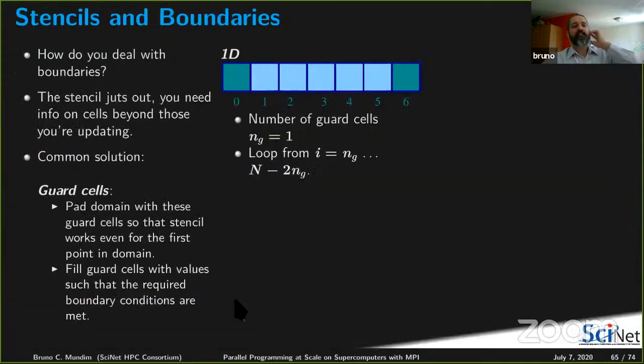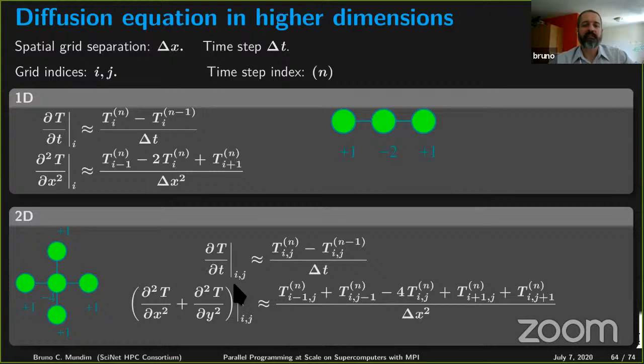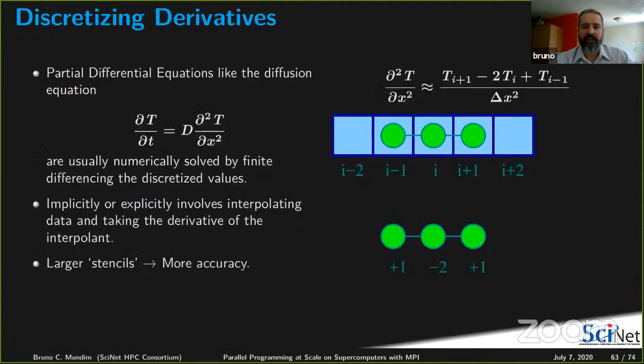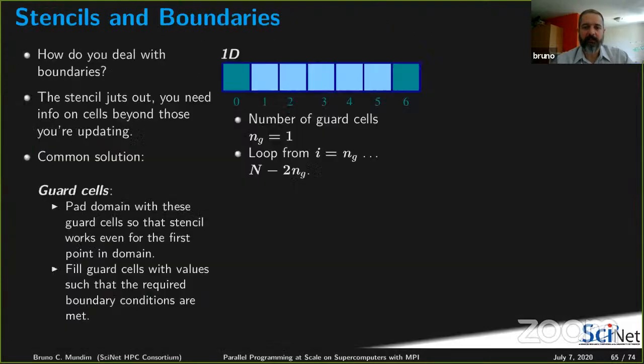Okay, so as I said, to compute the differential equation, I need to slide the stencil along the grid of cells, right? But what do I do when I reach a boundary? One way of doing that is by introducing what is called a guard cell on each side and just applying a boundary condition there, such that when you compute the derivative on the first cell, you have the value for that boundary condition.